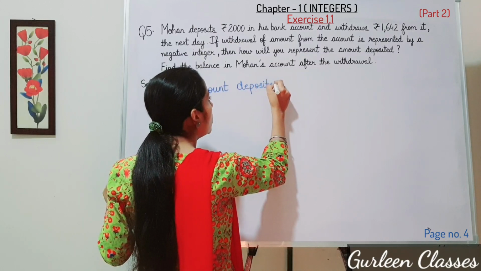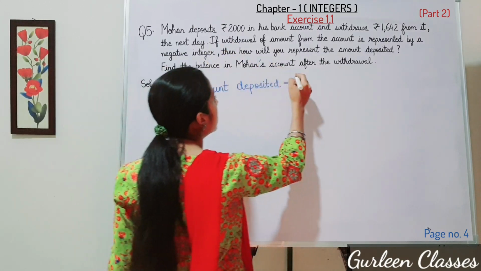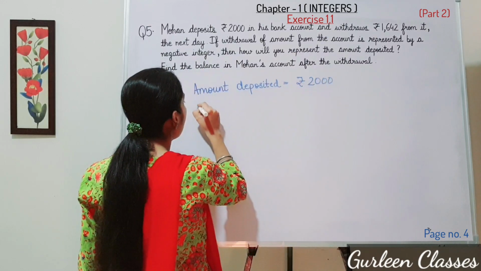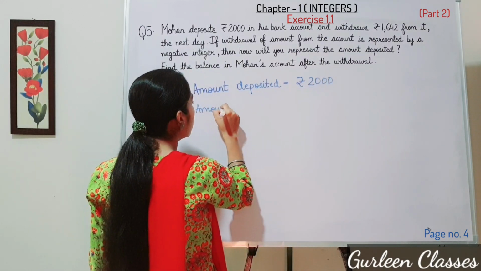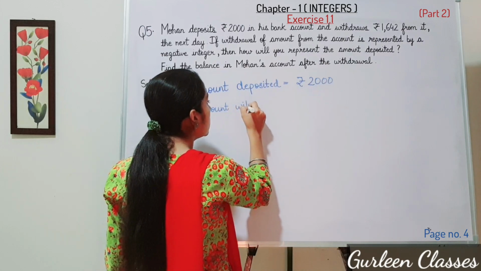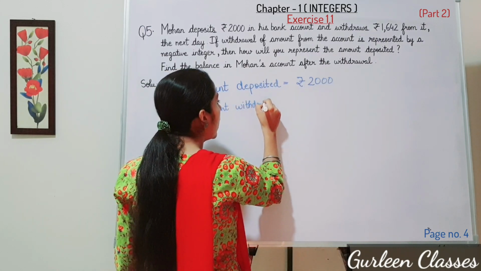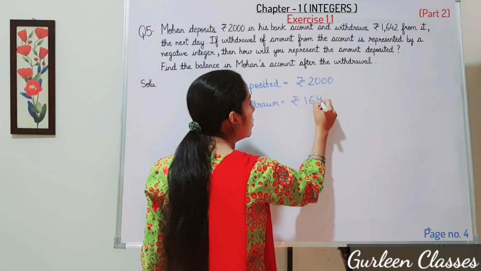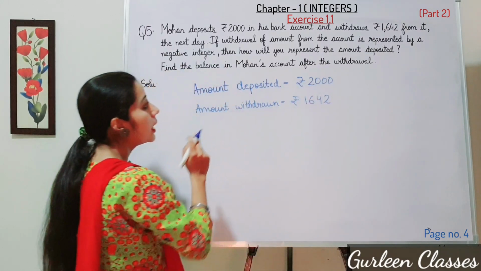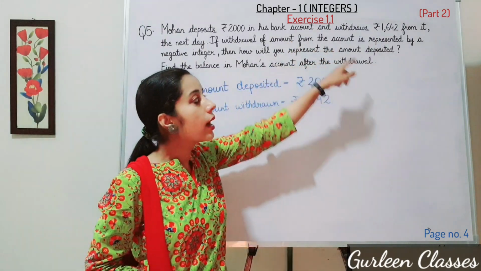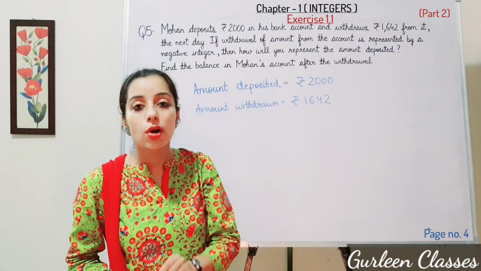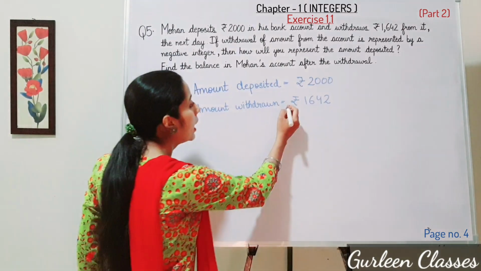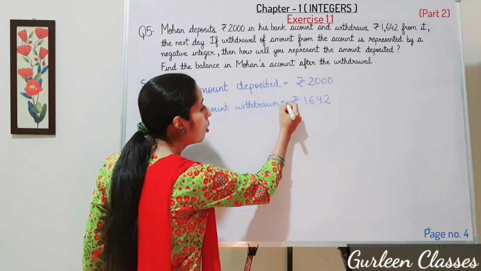So how much amount is deposited by Mohan? That is rupees 2000. Then amount withdrawn. So amount withdrawn by Mohan is rupees 1642. But here they are saying that from the account, the amount which is withdrawn, it is represented by a negative integer. So it will be minus 1642.